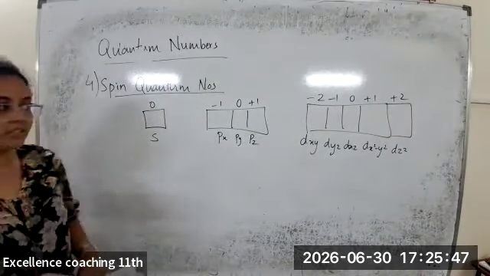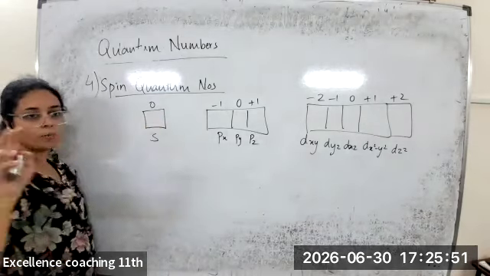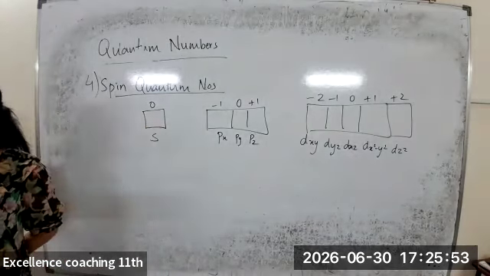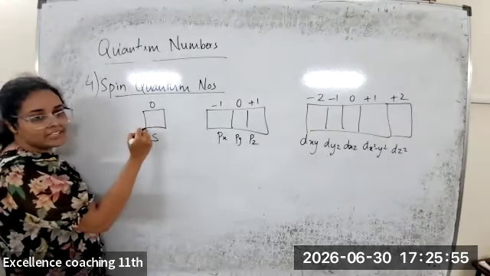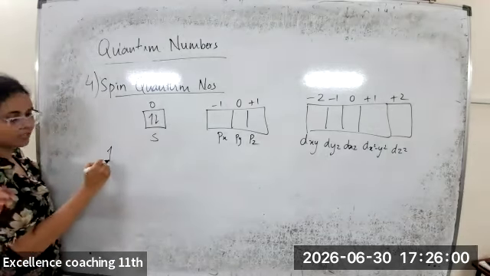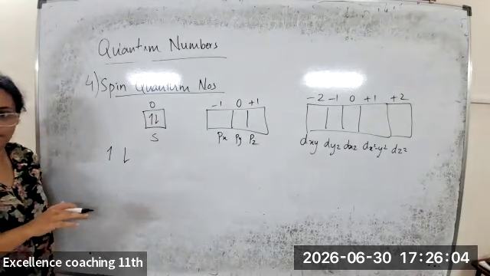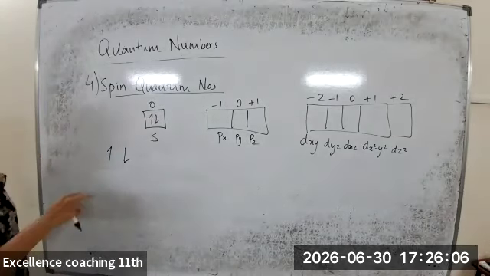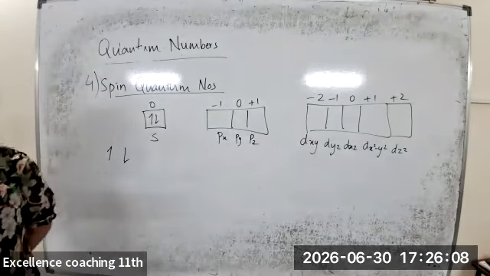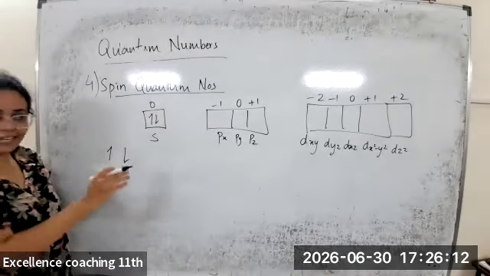Now you also have to remember that each orbital will accommodate two electrons. Suppose I speak about the S, it will have two electrons. This is nothing but your spin. This is the up spin, this is the down one. We can also say that one can be clockwise, the other anti-clockwise. But you have to write it in this order.